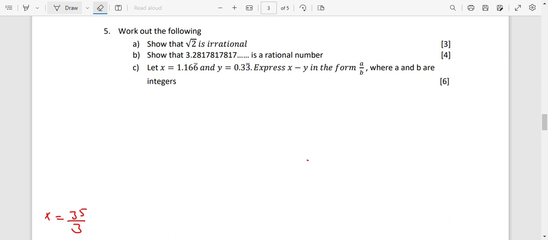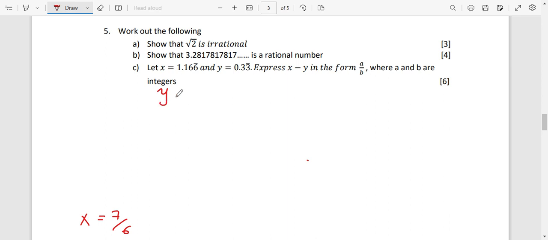You are right by asking me, otherwise I would have written something wrong. So the simplest form is not 35 over 3 but 7 over 6. I used a 5. I wrote something else. So x is 7 over 6.